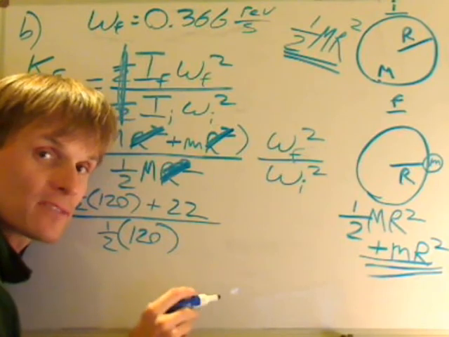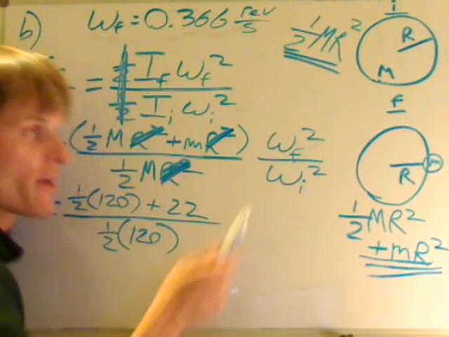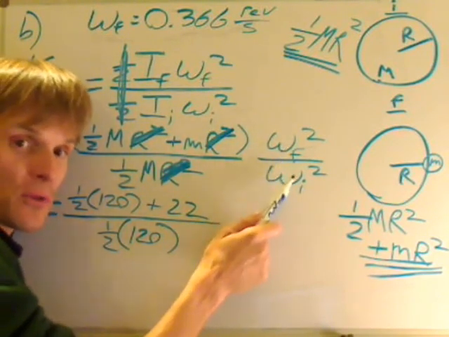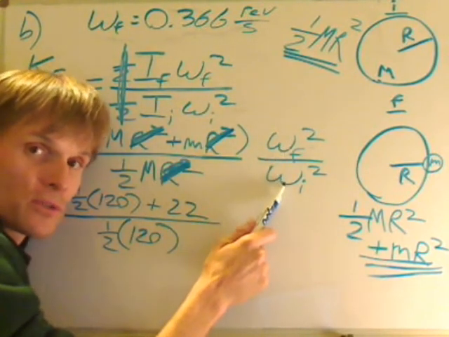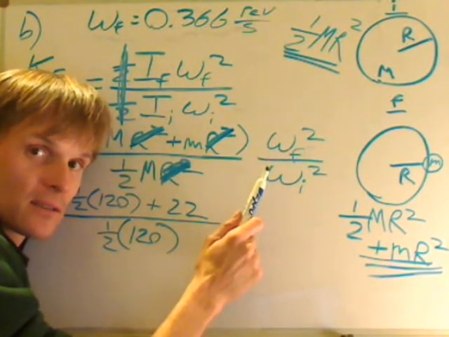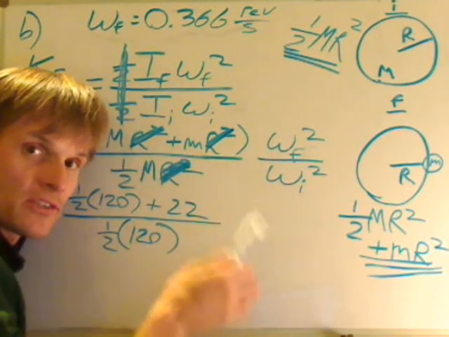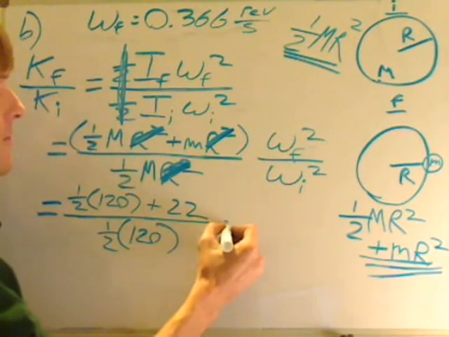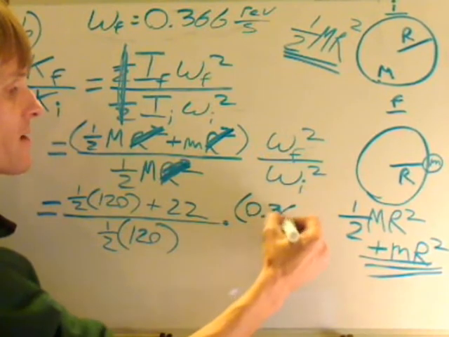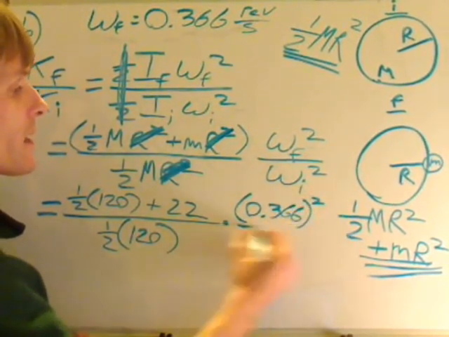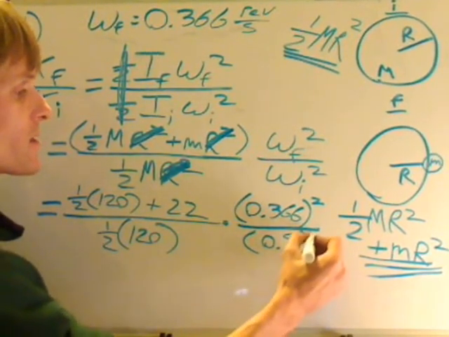Again, we don't have to convert these to radians per second, as long as they're both in the same units. We have revs per second, and since we're calculating a ratio, as long as we're consistent with our units, everything's going to be okay. So omega final squared is 0.366 squared, and omega initial was 0.5 squared.